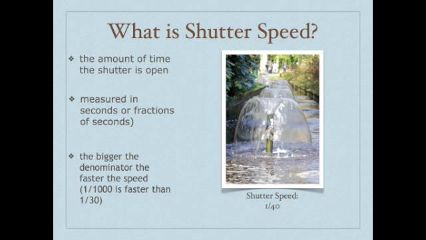Now, to give you an example, this photograph here is of a little fountain that I took at the Keukenhof Gardens in Holland on my last trip. And this water was moving, obviously, so I shot this at a shutter speed of 1/40th of a second.